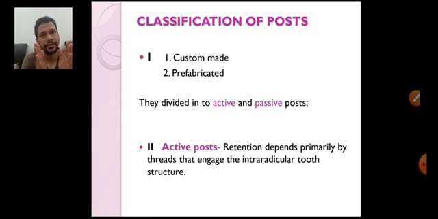Wedging forces will be generated inside that root canal, which may cause fracture of roots. So in order to avoid that, you should avoid giving active post. You should always go for a passive post, which will be adhered by the help of luting cements. You can use any luting cement, that may be GIC, resin cement, anything you can use.